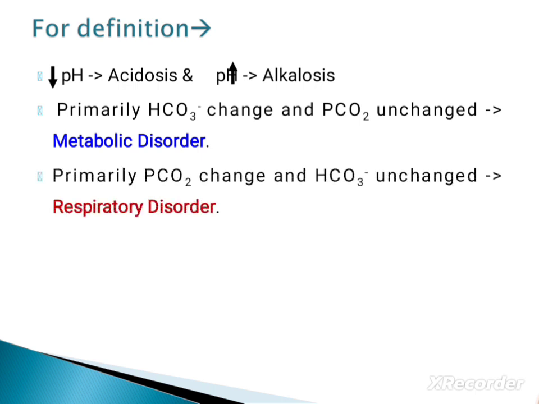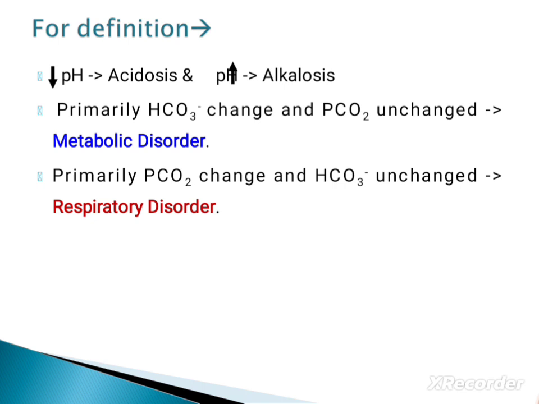On the other hand, if it is a respiratory disorder, you will find that partial pressure carbon dioxide has been changed and bicarbonate is unchanged. So respiratory acidosis, what will be the definition? Same.